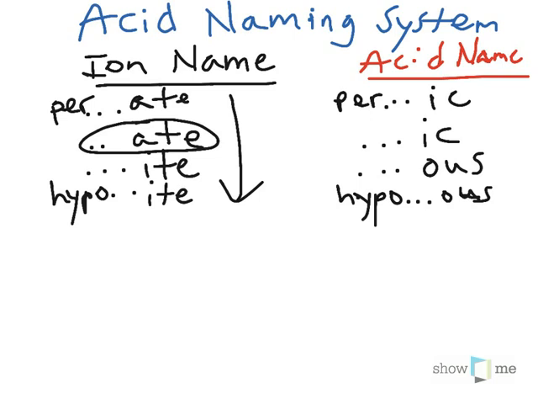There's one other type that you got to watch out for, and this does happen quite often. It's very commonly misunderstood. If you have an ide ion, like hydrogen chloride, hydrogen sulfide, hydrogen nitride, then if that's what the ion name ends in, then this becomes hydro-ic: hydrochloric, hydrosulfuric, hydronitric.